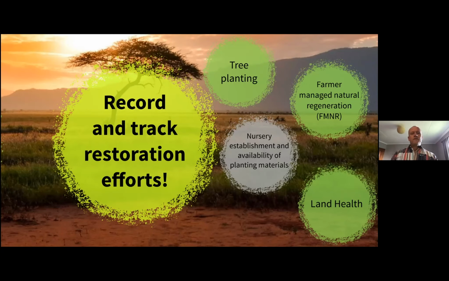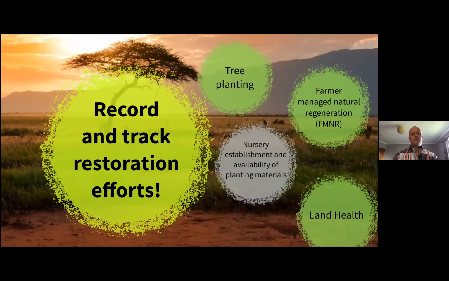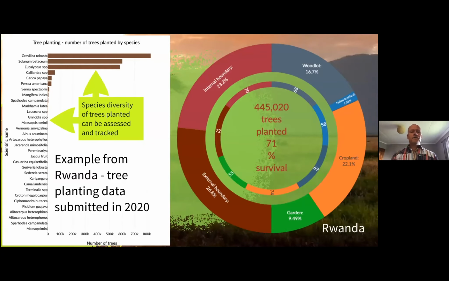So in the tree planting module of the app, users basically can record trees that they're planting in their farm fields. From this, we can then look at what types of trees are being planted. We can determine the diversity of the trees planted, and we can look at the performance of tree planting, which is really important.